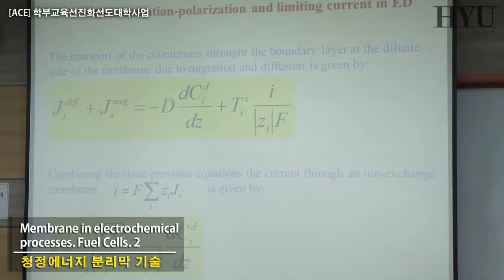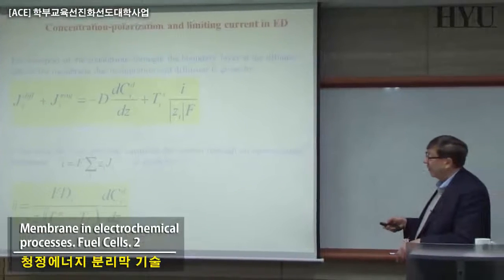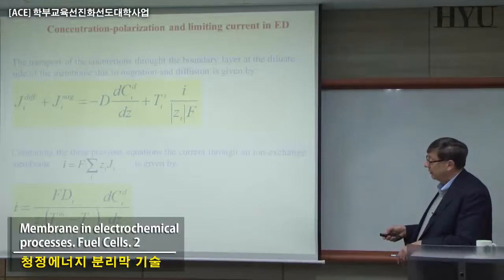And we can put together this equation and the definition of transport number, and we will have the overall current that is present in our system given by this kind of relationship.